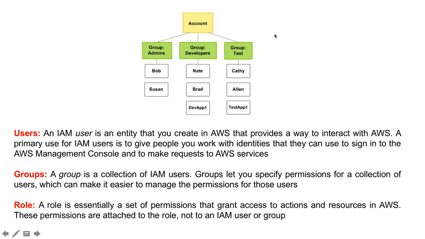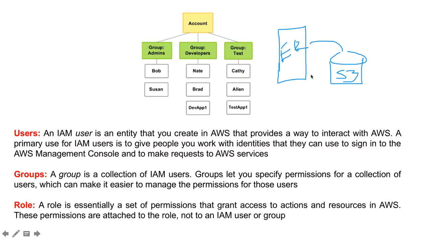For example, I may have an EC2 instance, and I want this EC2 instance to get all the contents from the S3 bucket, the JPEG files, the HTML files, all those kinds of things. So in order to facilitate this kind of access, I need to assign a role to this instance so that it can access the contents within the S3 buckets automatically at the back end on my behalf.